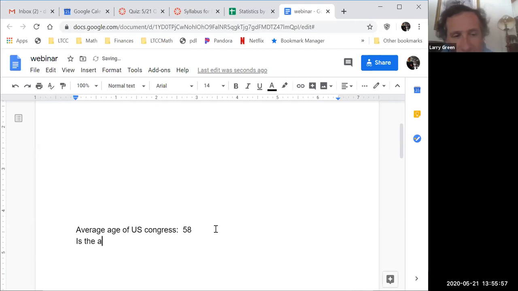Is the average age for California state Congress, and that's Senate and Congress and Senate, different from the US Congress?